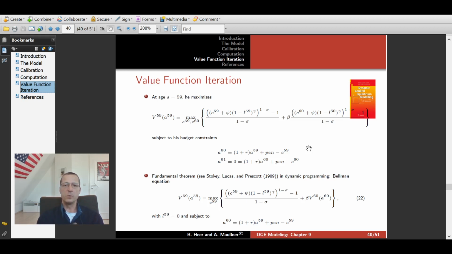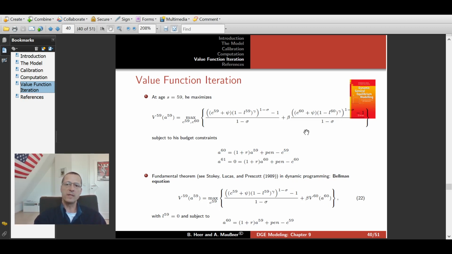And now comes the beautiful insight from a man named Richard Bellman, who looked into this so-called dynamic programming problem. He noticed that you can identify the utility at age 60 with the value function at age 60, and it only depends, as we have just seen, on the asset level at the beginning of age 60.